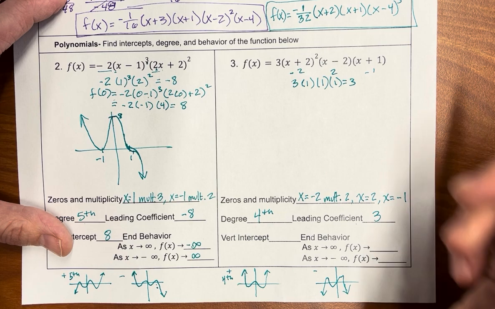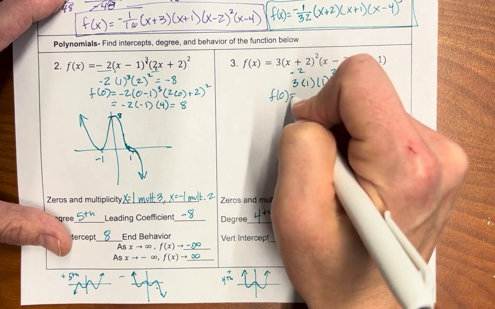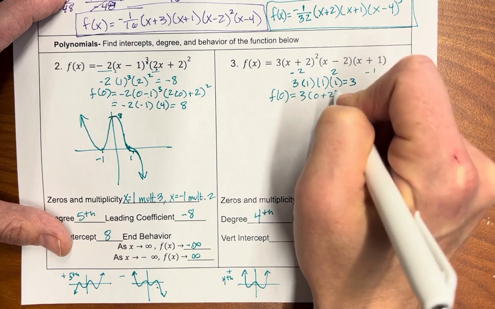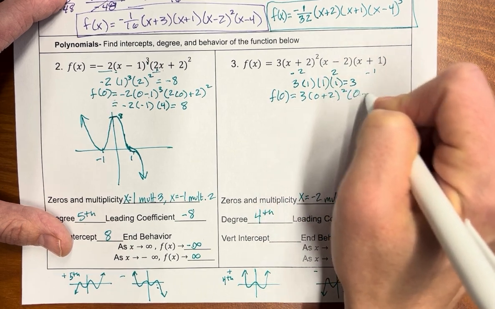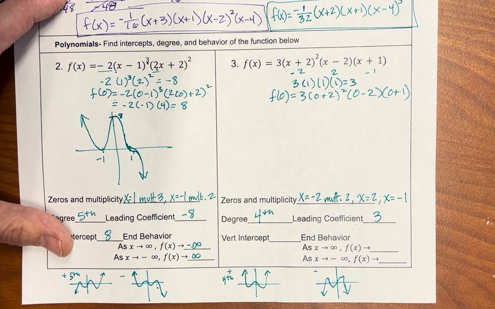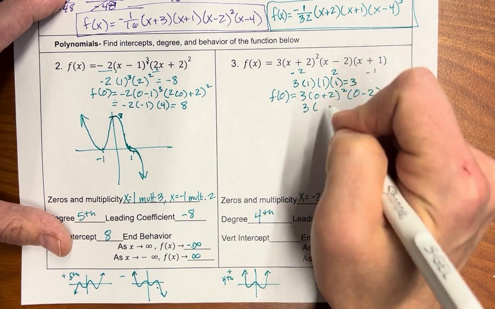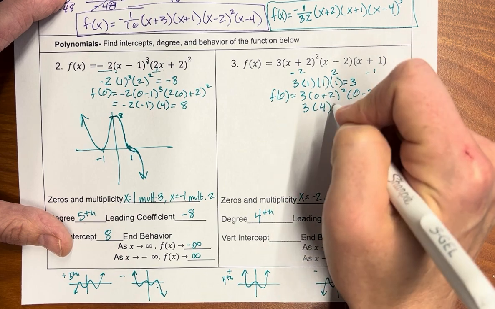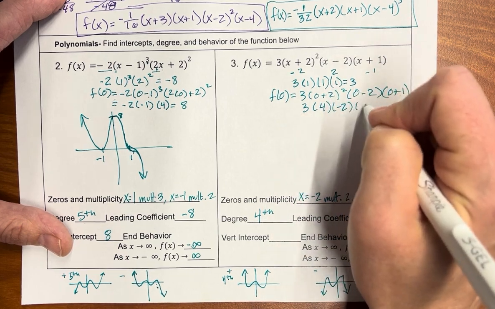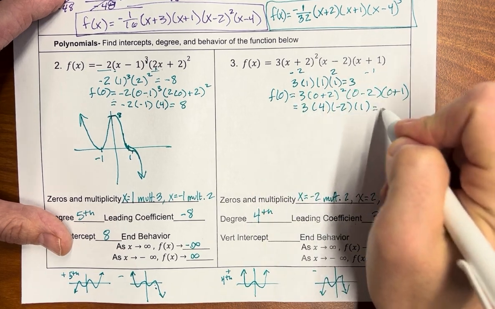And then for my vertical intercept, I'm just going to replace the x's with zeros. So f of 0 equals 3 times 0 plus 2 squared times 0 minus 2 times 0 plus 1. So I'm going to do 3 times 2 squared, which is 4, times -2 times 1. So I've got -8 times 3, which is -24.